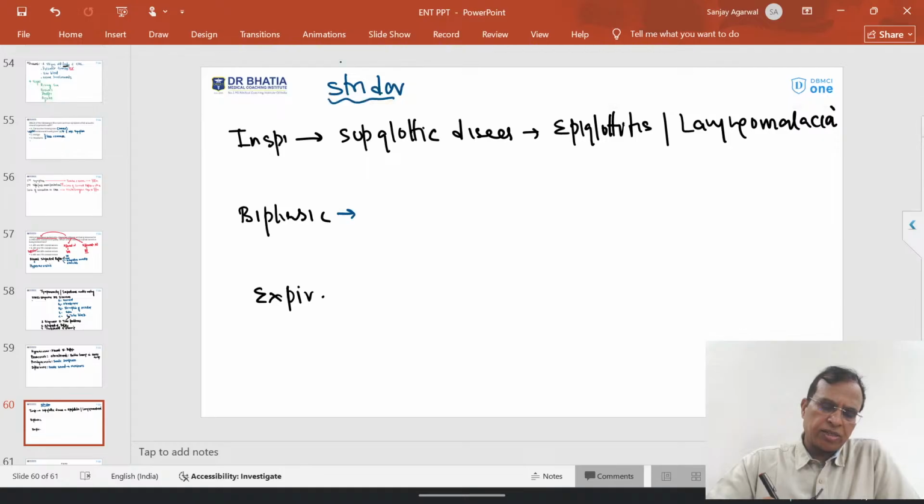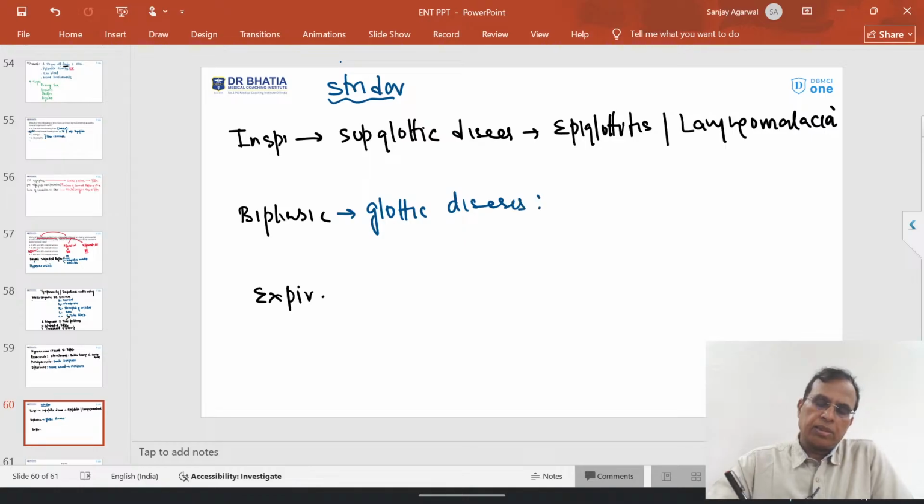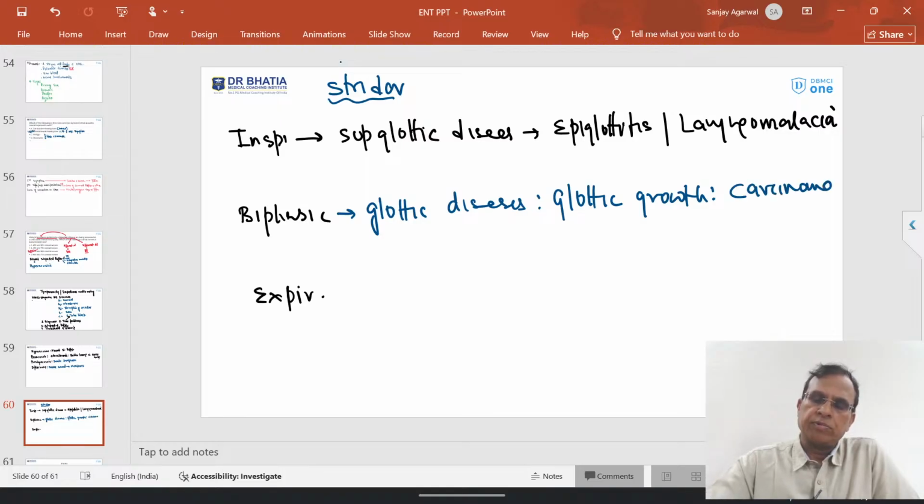Biphasic stridor is glottic diseases. Glottic growths, example carcinoma, glottic carcinoma.